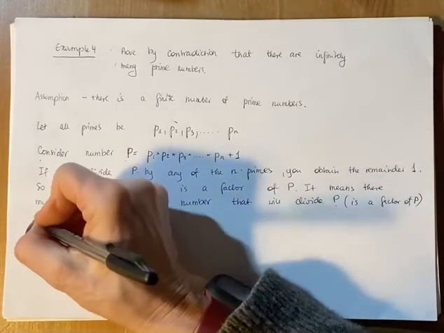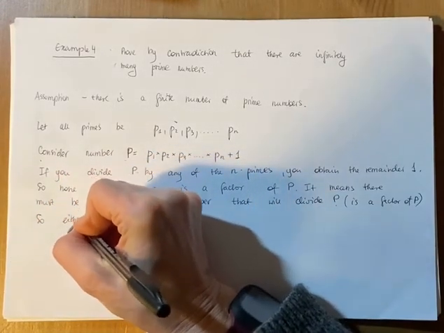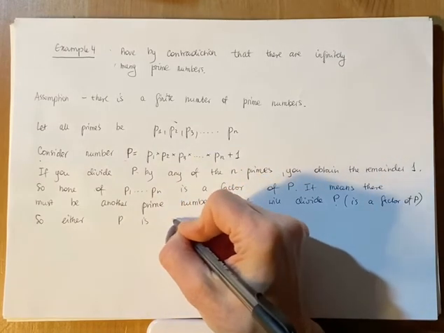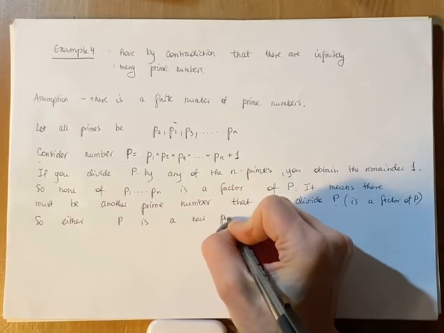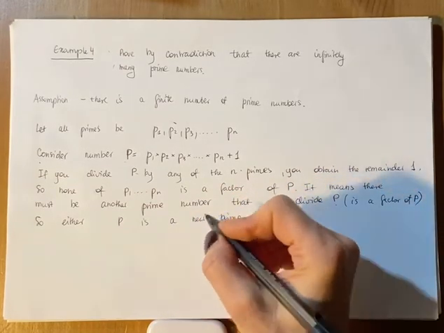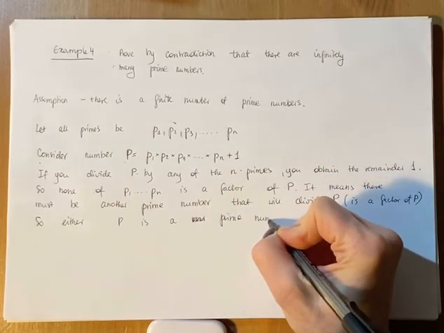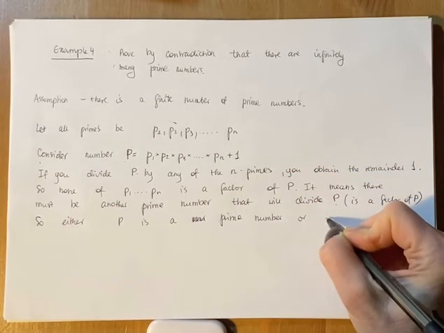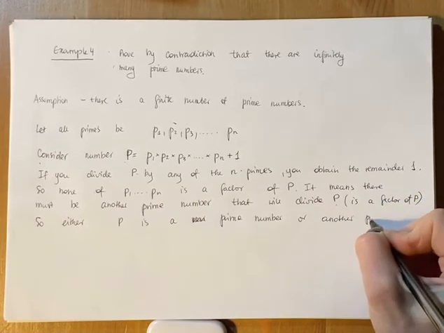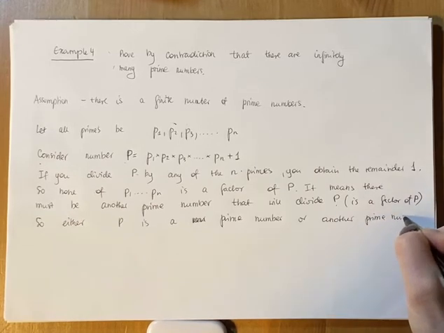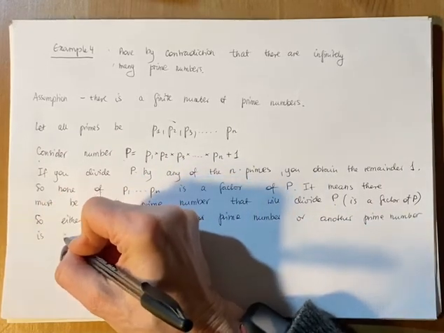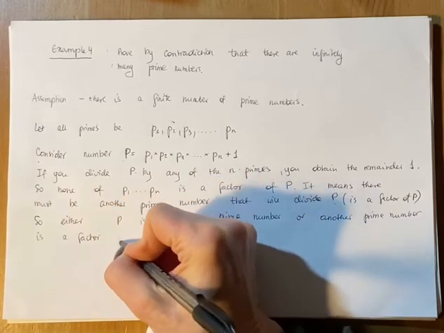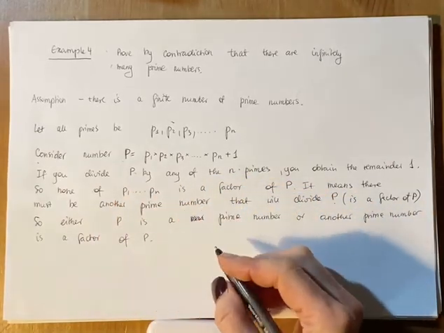So either P is a prime number, or another prime number is a factor of P. What does it mean?